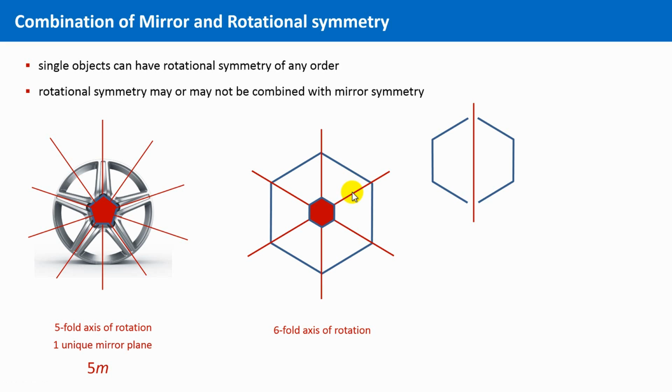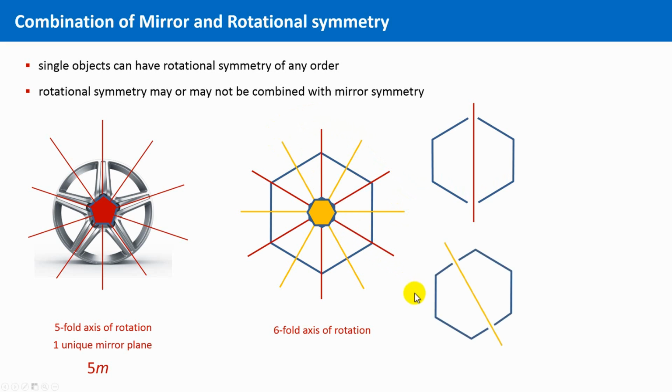And this means here in the case of the hexagon, there is another set of mirror lines which cannot be generated out of this mirror line and rotation by 60, 120 and so forth degrees. Yes, these lines are mirror lines as well, and they build the second set of mirror lines, which are again, separately, interconvertible by this sixfold axis of rotation. And they generate fragments which are clearly different to these ones.